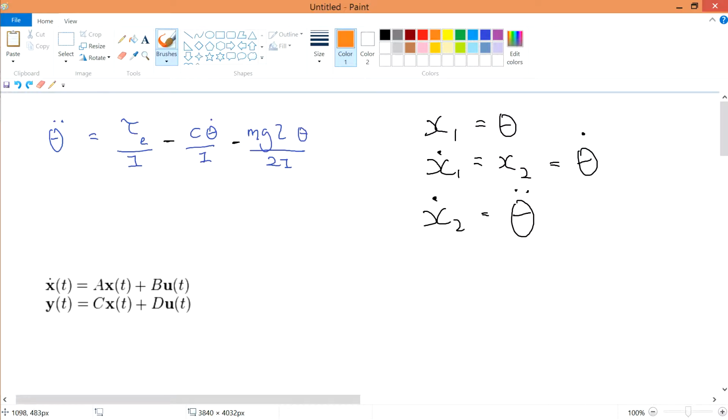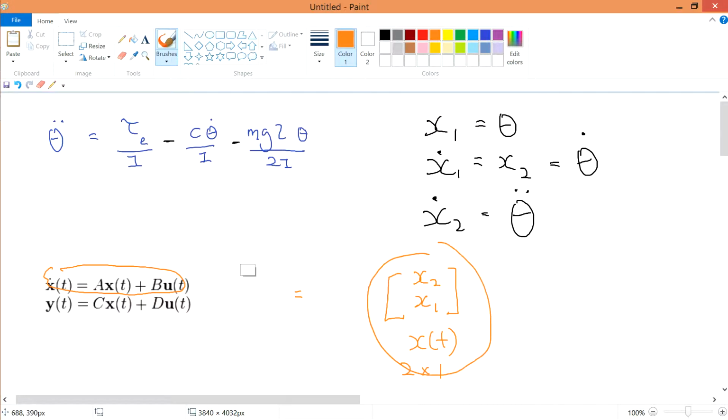So these are the variables, and we can represent x1 and x2 as x(t), which is 2 times 1. As I said in the previous video, if x(t) is 2 times 1, then x dot (t) is also 2 times 1.